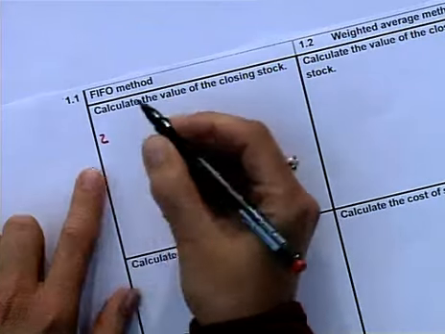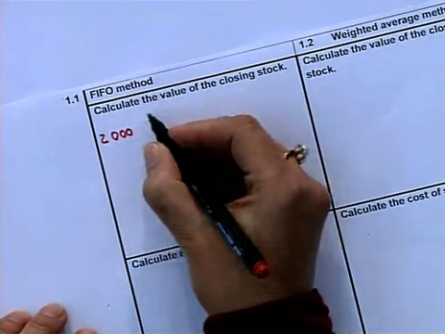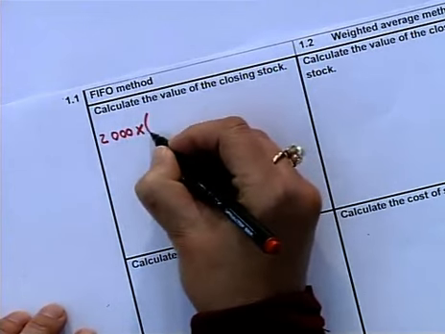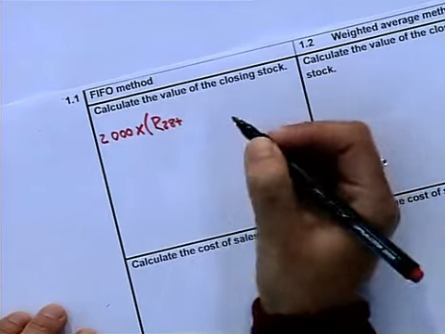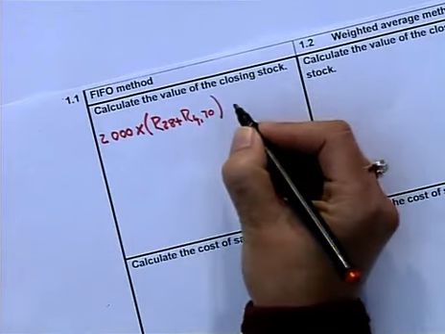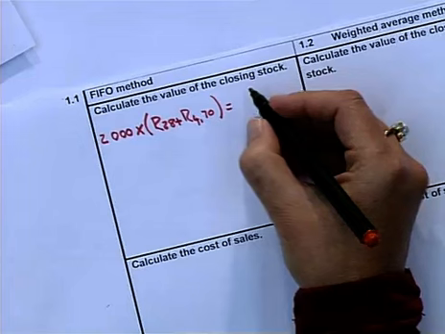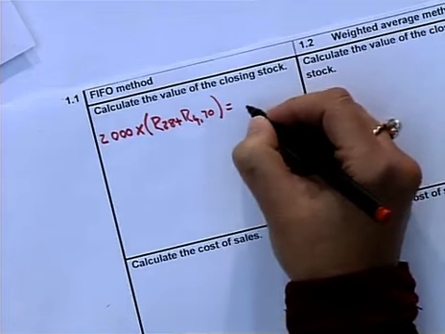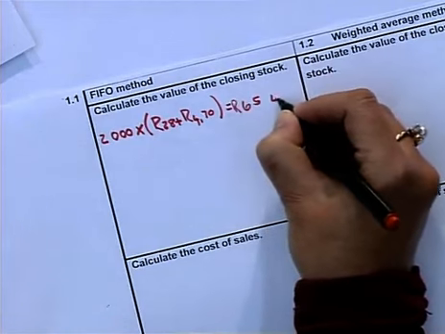Well, it means that I have 2,000, which was purchased at the cost price 28 plus the carriage of R4.70, and that will give me a value of, remember to punch it in on your calculator, 65,400.